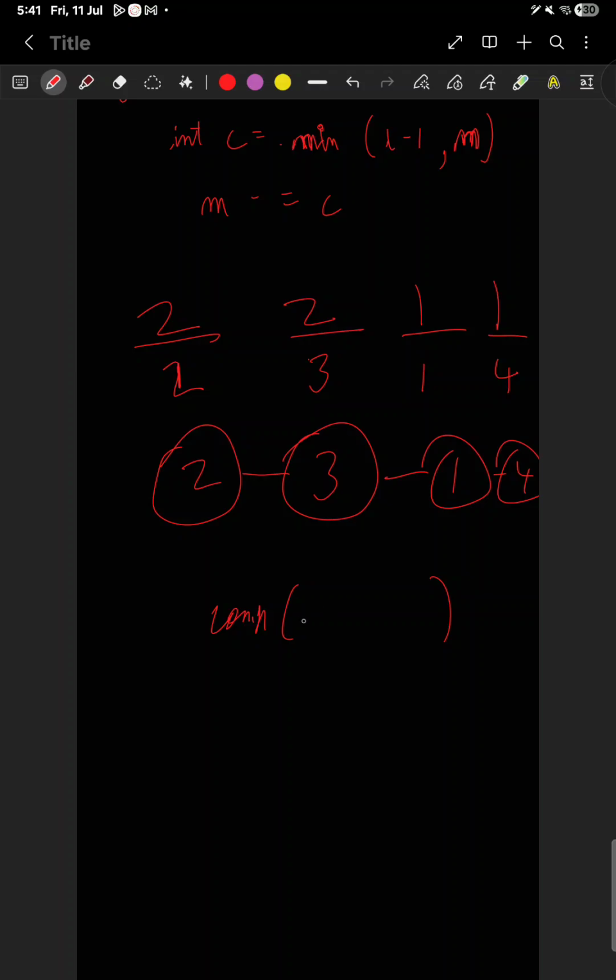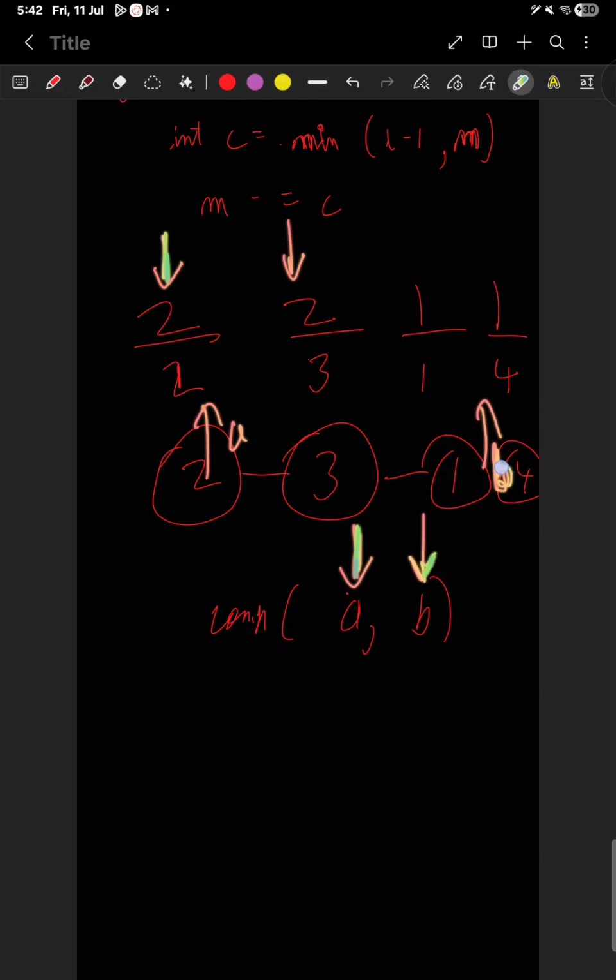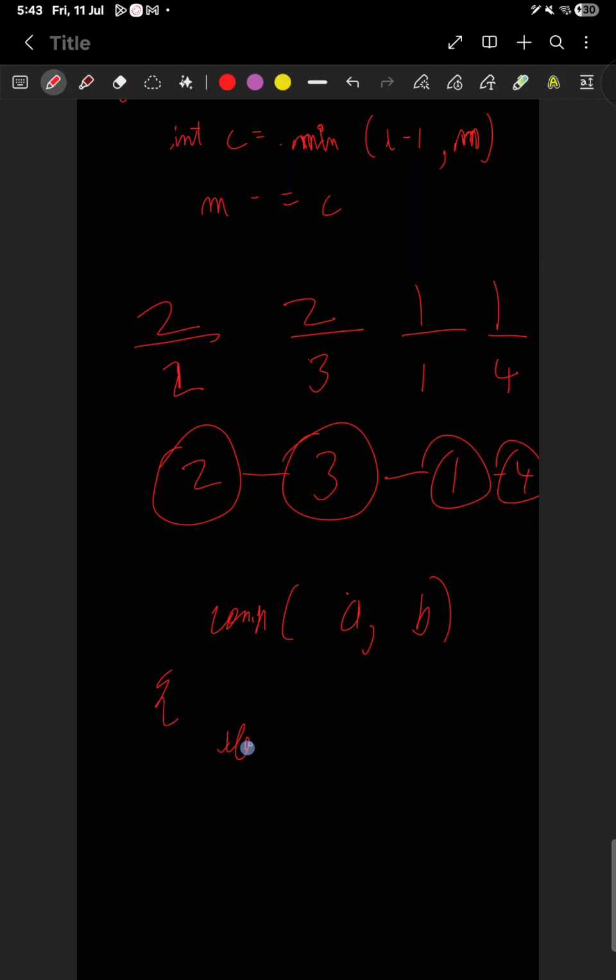In this comparator function you would take two pairs, pair<int, int>, A and B. This one is the first value, this one is the second value; this would be A, this would be B. We would apply this condition: if A dot first is greater than B dot first, return true.